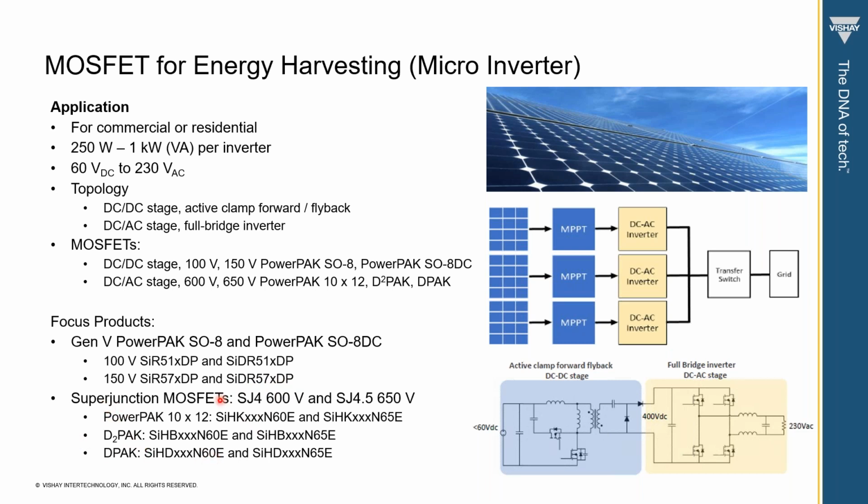For the high voltage MOSFET, we have the super junction for 600 and 650 volt. We offer three different packages for solar inverter: PowerPAK 1210, SIHK, 60E or 65E for 650 volt. For D2PAK, we have the SIHB, and DPAK has the SIHD suffix.